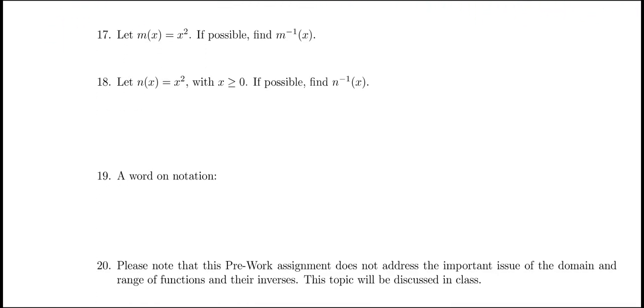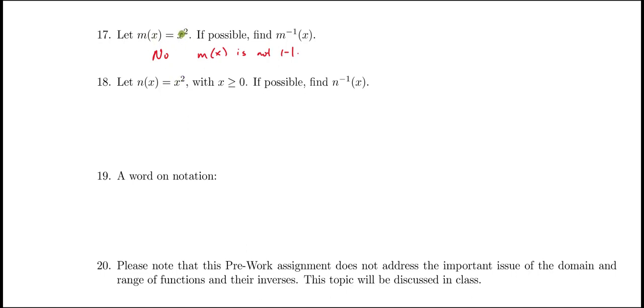So here I ask you in number 17, is it possible to find the inverse of this function here? And the answer is no. F, or in this case m of x, is not one-to-one. What's different here? Here again I have the same rule of assignment. N of x takes a number and squares it, just like m of x did.